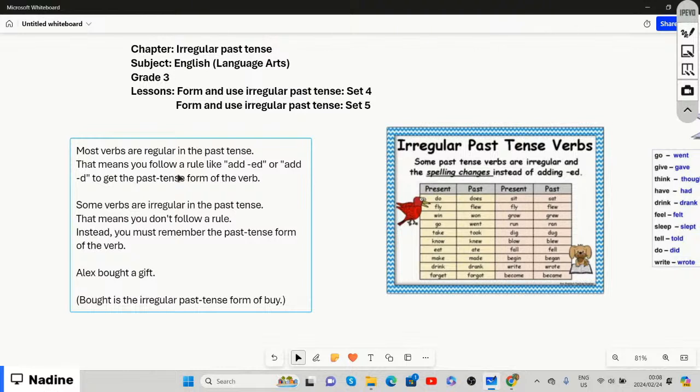And once again, this is now the last lessons of the chapter irregular past tense.